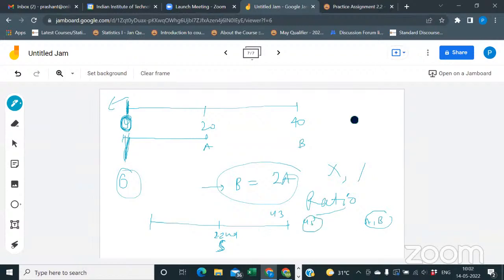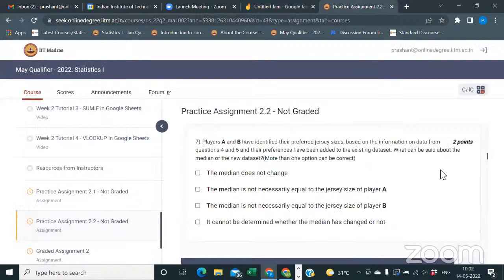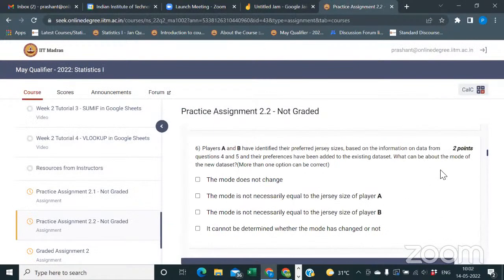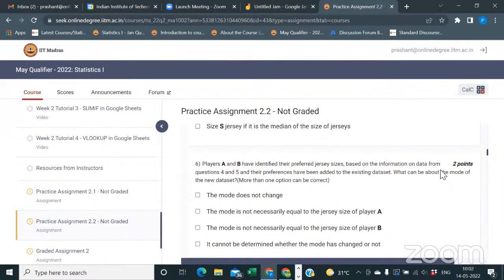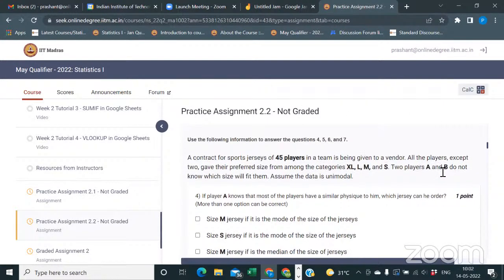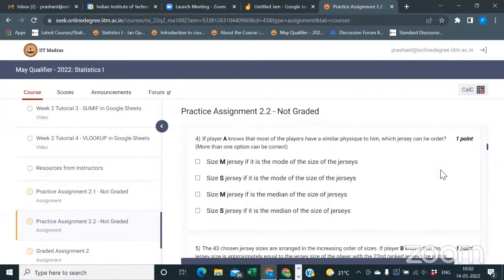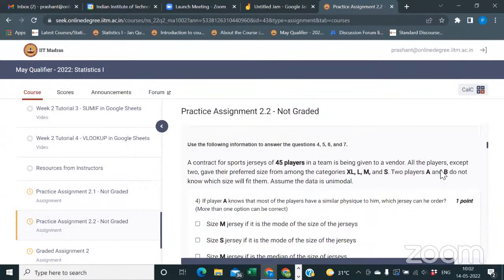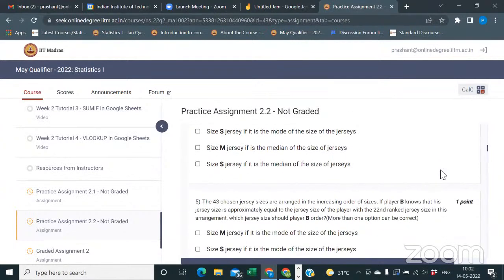Let me read the previous one. A is the mode. That's what is given in the previous question. In the beginning of the question, it should be mentioned.